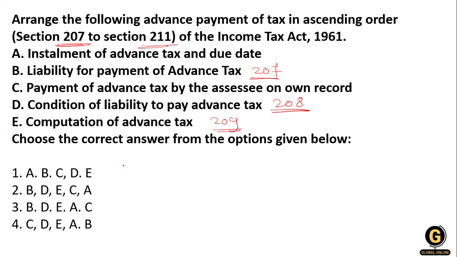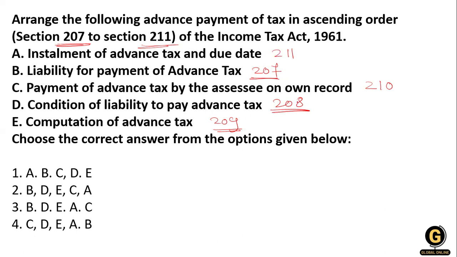B, D, E, then after 209, we have done 209. After that, the liability to pay the advance tax, 210 and 211 for the due date. Sorry, C is the payment of advance tax by the assessee on record, so this is 210, and the installment of the advance tax and due date is 211.